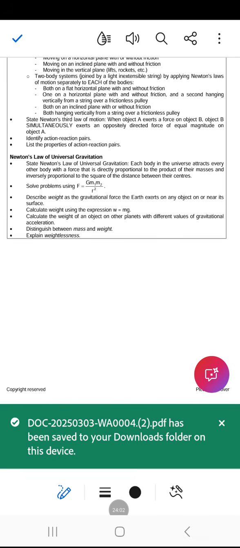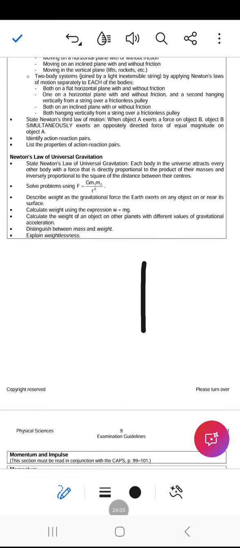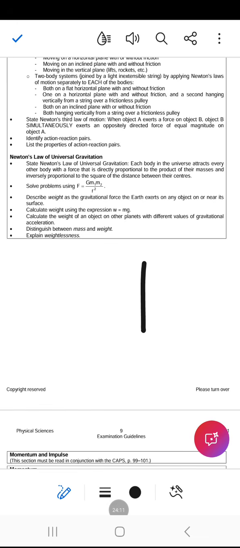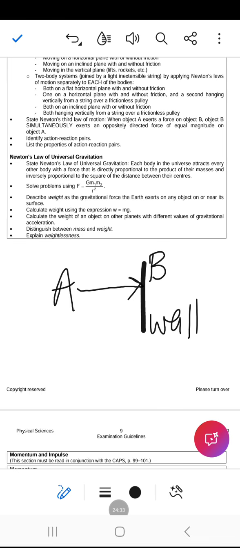It's very important. I can give an example here. Remember that for Newton's third law of motion, they say when object A exerts a force on object B, let's say this is object A and this is the wall. When object A exerts a force on object B, at that same moment it will also exert an oppositely directed force of equal magnitude.